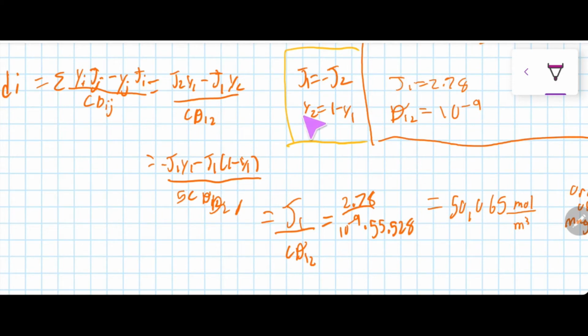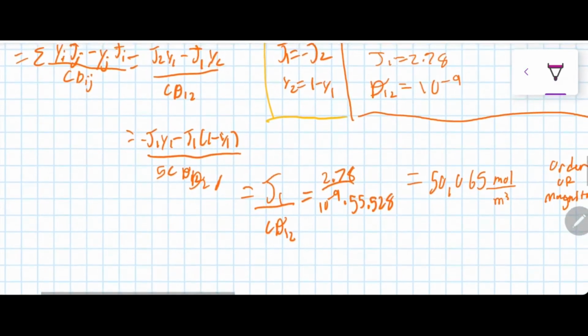So as I said earlier, the molar diffusive flux of substance 1 is equal to the negative molar diffusive flux of substance 2. So we can plug that in for J2, and then we know that the mole fraction of substance 2 is equal to 1 minus the mole fraction of substance 1.